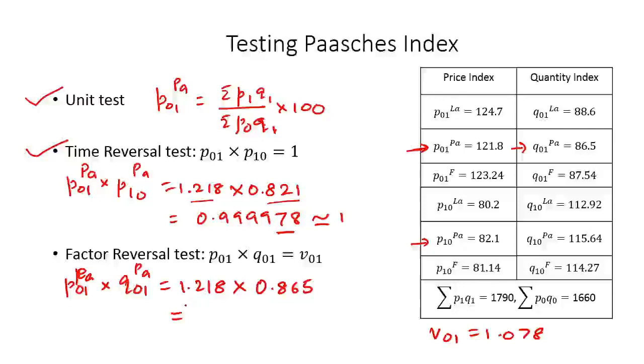If we multiply this, it comes to 1.0536. And V01 is 1.078. Again we see that there is quite a difference. Of course, the difference is much less as compared to the Laspeyres in the previous slides, but it is not really equal. So the factor reversal test is also not satisfied by Paasches index number.